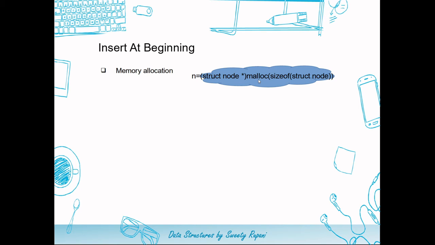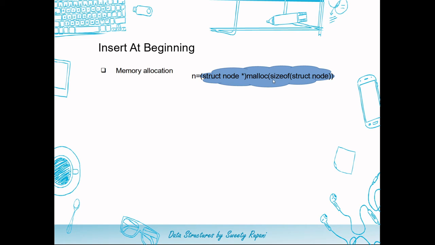Now, how is the structure of this function? The malloc function accepts the size, how much memory is required to be allocated. If we don't know the size of a node type, of course, we will not be able to write the size of a structure type.